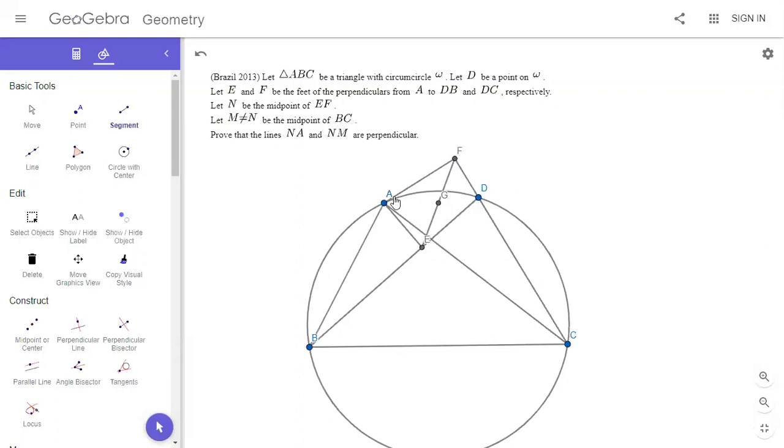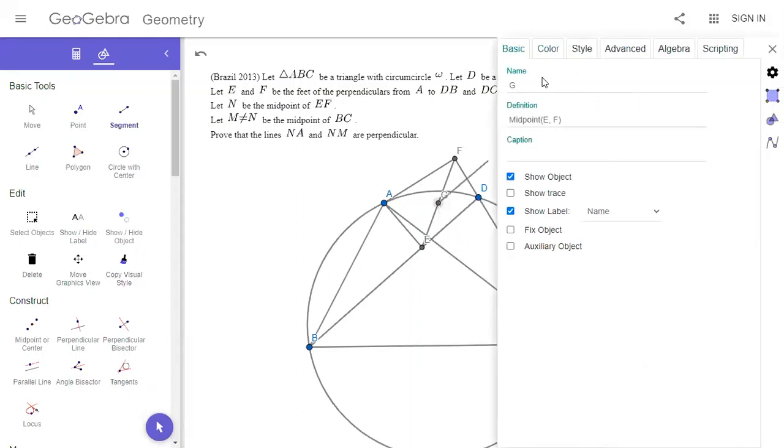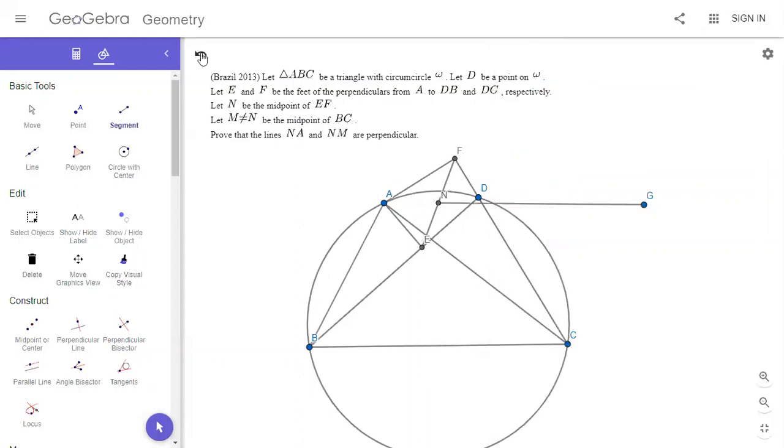So basically EF passes through the altitude from A. Prove that the lines NA and NM are perpendicular, where N is the midpoint of EF. Maybe this is just the Simpson line. I will see in just a second.